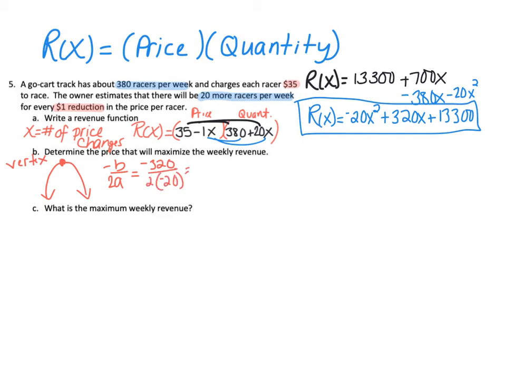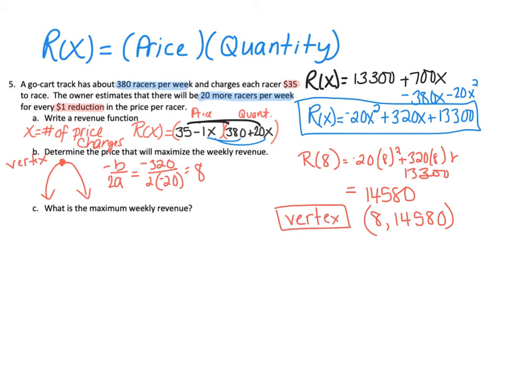Quickly do that math, and I get 8. So my x-coordinate is 8. How do I get my y-coordinate? I need to do r of 8. If you just pick up your calculator and plug in 8, it gives me 14,580.